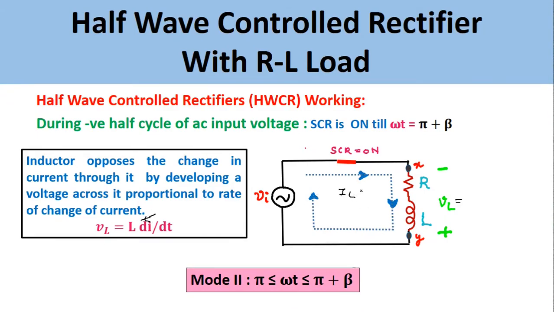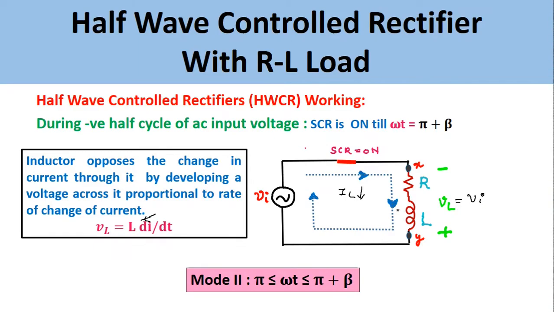As this current is decreasing gradually in amplitude, but it is flowing in the same direction as before, the load voltage, or the voltage across this R and L combination, will be equal to the negative instantaneous value of the AC supply voltage. So here also we will get VL equal to VI only.